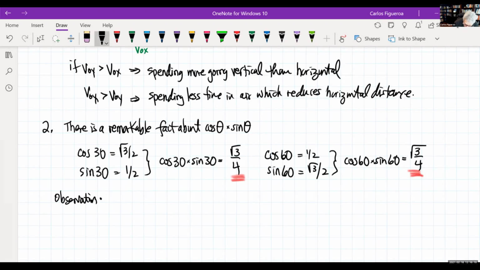And the observation that you're finding here is that the sum of these two angles is 90 degrees.